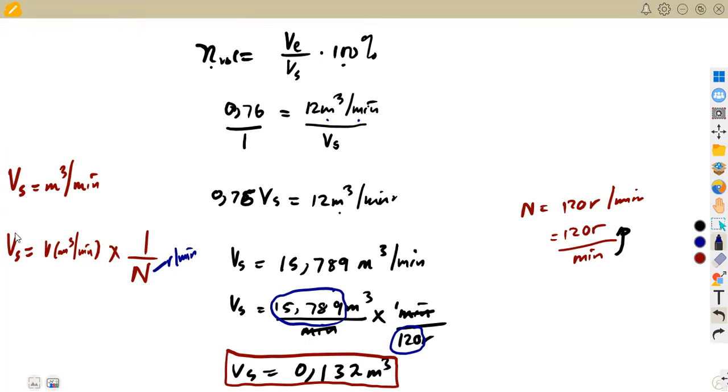So you multiply by 1 over n. This is the formula that you're going to have. If it is a double acting, when you are dealing with a double acting, this will be 2n. You're going to multiply by 2n. That is the whole idea there.